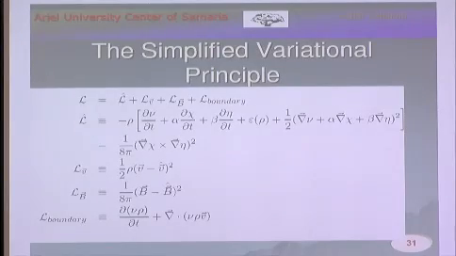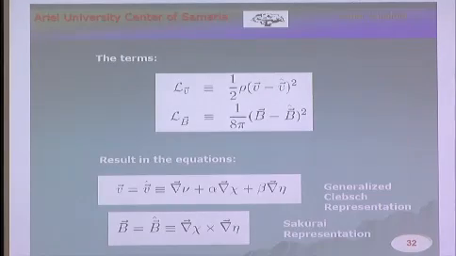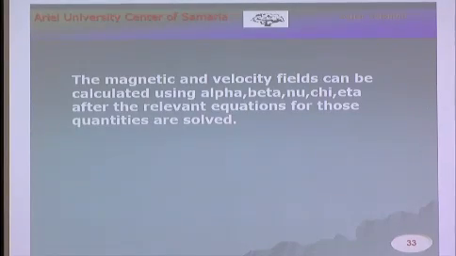So that's the same Lagrangian as before, but now we dissect it into different sectors. We have this LV and LB, which are only functions of V and B. We have L hat, which is only dependent on the potentials. Now, those terms only give you the generalized Clebsch representation and the Sakurai representation. So what you can do is assume that the velocity and magnetic field are defined by those potentials.